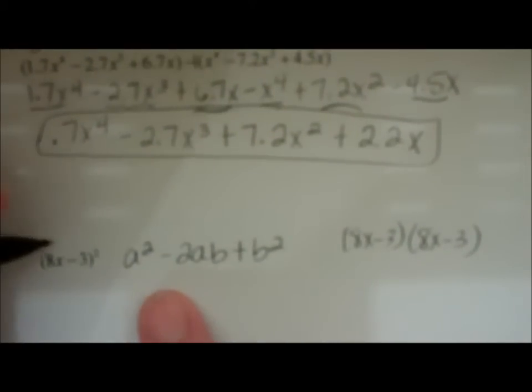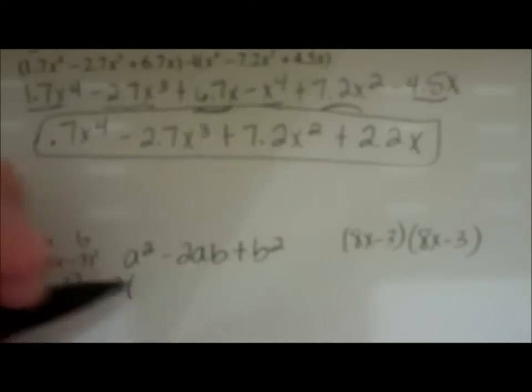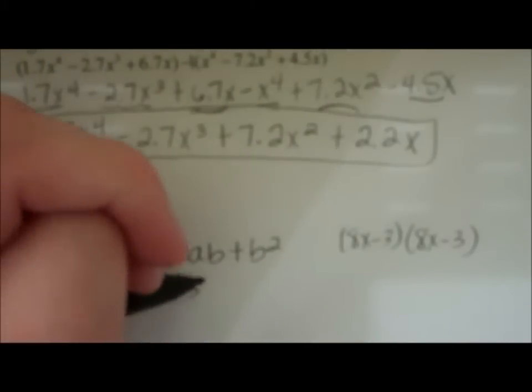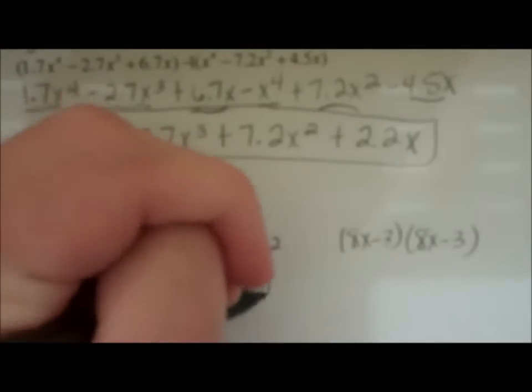If you do this format, this is your a, this is your b. So you take 8x and square it, because that's your a, minus 2 times your a, which is 8x, times your b, which is 3, plus your b squared, and your b is 3, square that.